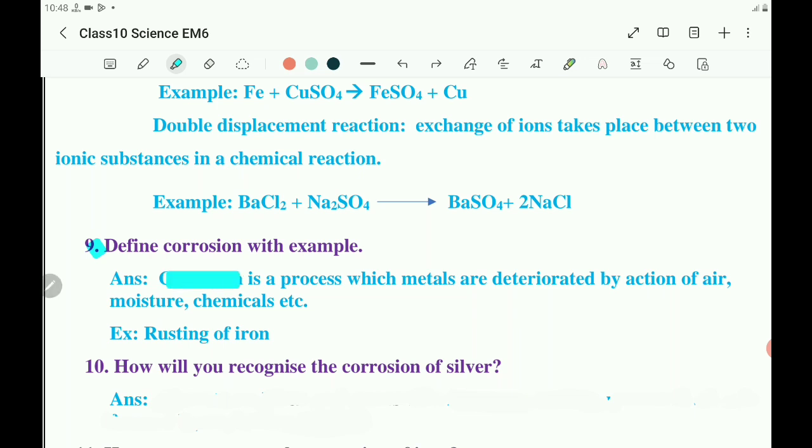So corrosion is a process in which metals are deteriorated by the action of air, moisture, chemicals, etc. Example is rusting of iron.